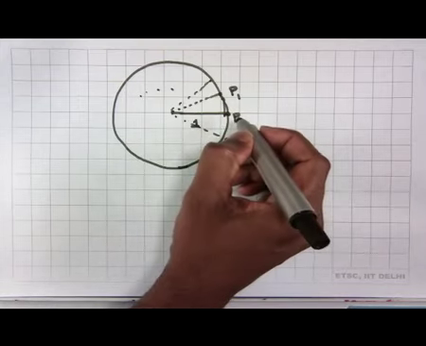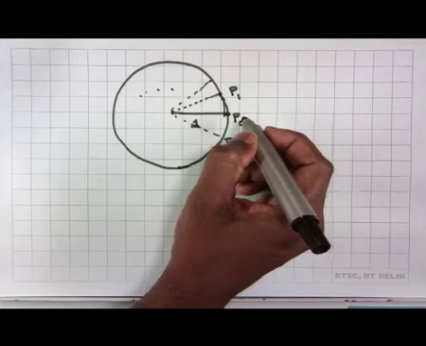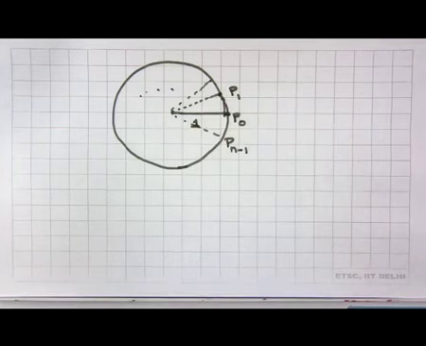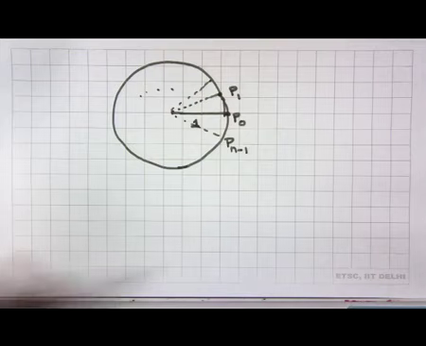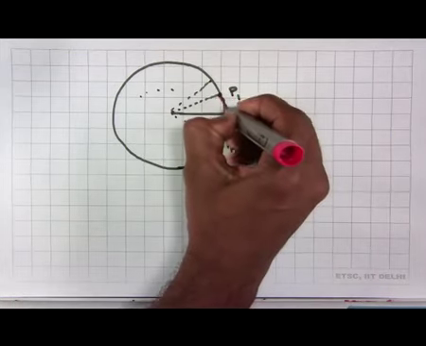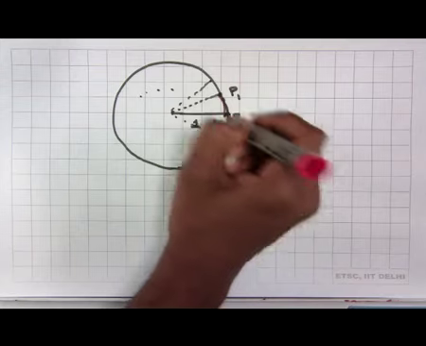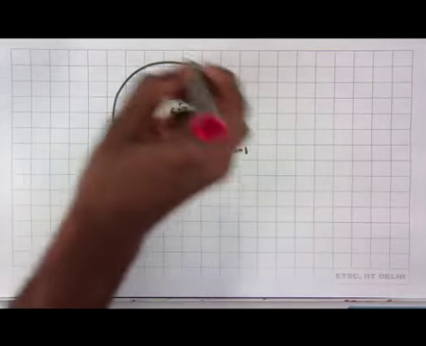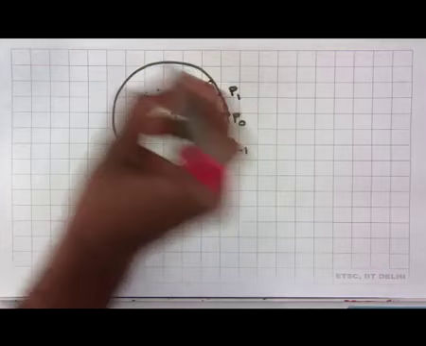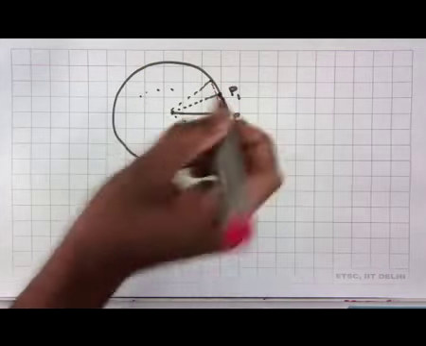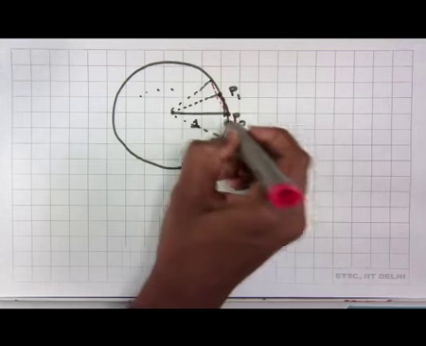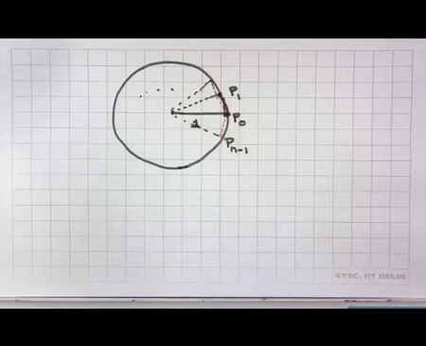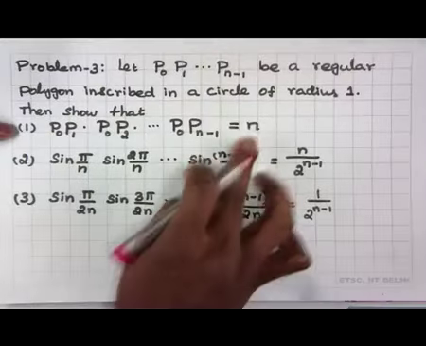Now, the first identity which we are proving is, you consider the distance from p naught to p 1 and the distance from p naught to p 2, and throughout for the other vertices the distance from p naught, and take its product. Their product gives n. This we have to show.